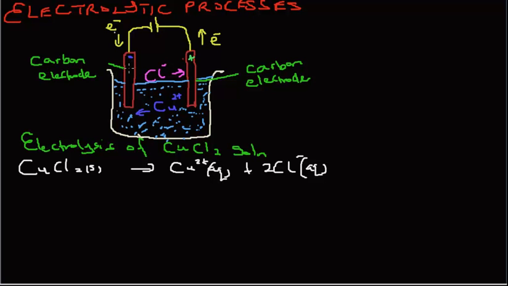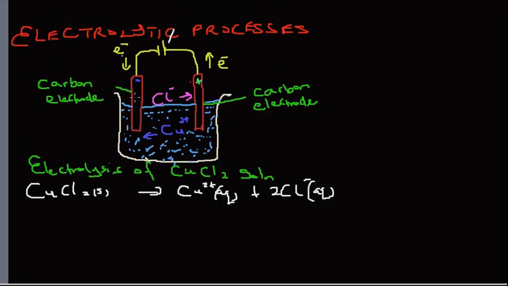So you are supposed to note the differences between the two processes, but the reactions which are taking place are not going to change. That is, at our anode, that is where oxidation is taking place, and at our cathode, that is where reduction is taking place.